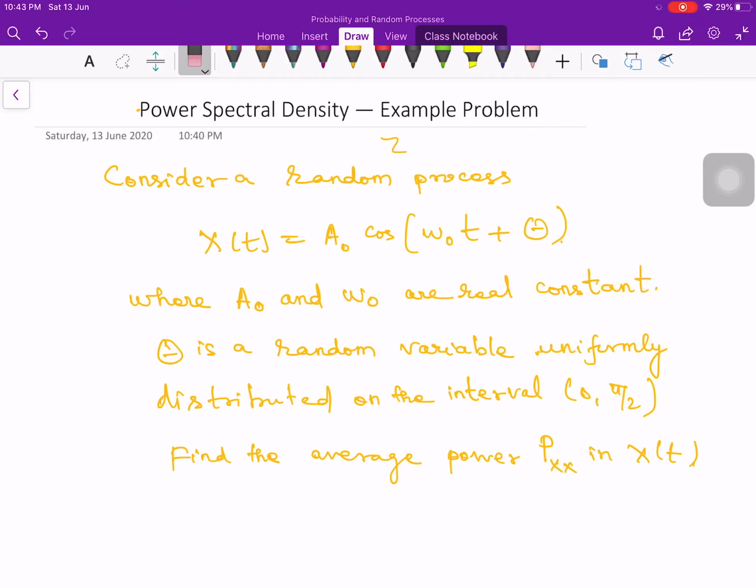Consider a random process, capital X of t, equal to A naught cos of omega naught t plus capital Theta, where A naught and omega naught are real constants, and Theta is a random variable uniformly distributed on the interval 0 to pi by 2. Find the average power P sub XX in random process X of t.